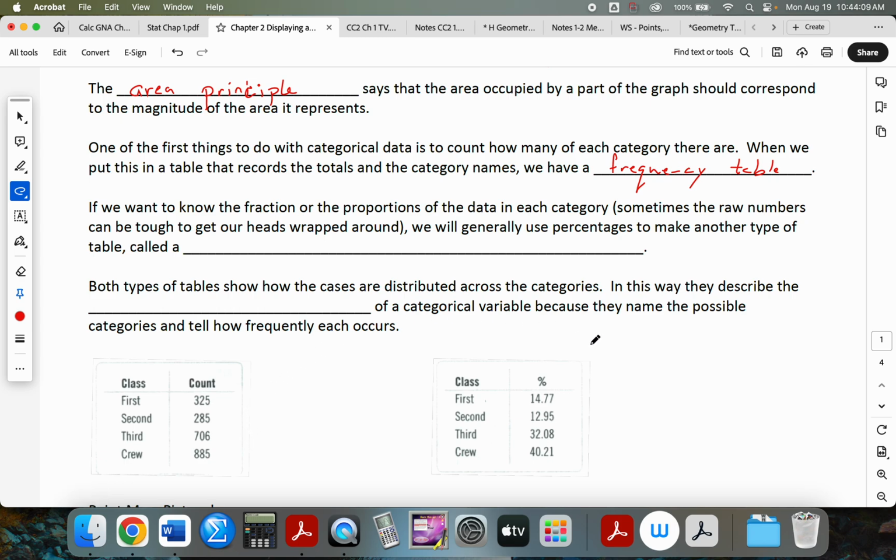So a lot of times we'll want to know the fractions or the proportion of the data in each category. Usually we use percentages. You don't have to, but most of the time we use percentages. And this is called a relative frequency table.